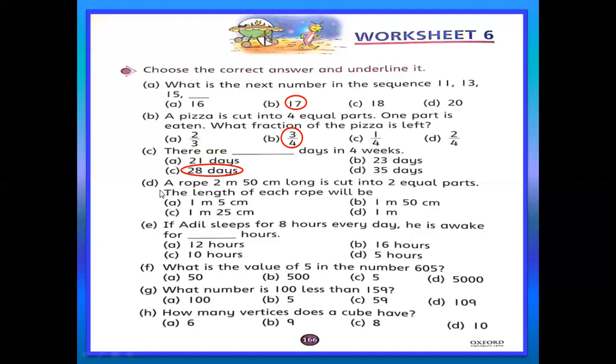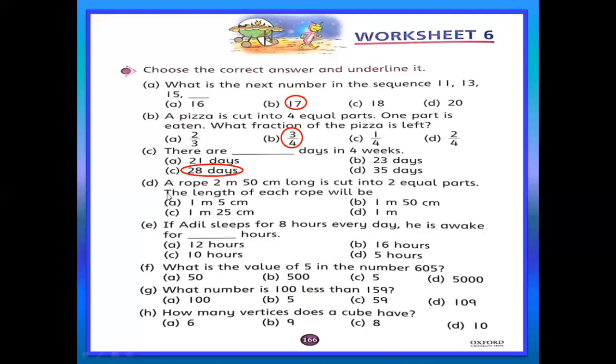D part, a rope 2 meter 50 centimeter long is cut into 2 equal parts. The length of each rope will be: A, 1 meter 5 centimeter; B, 1 meter 50 centimeter; C, 1 meter 25 centimeter; and D, 1 meter. For example, if a rope is 4 meter long and you cut it into 2 equal parts, it is 4 divided by 2.